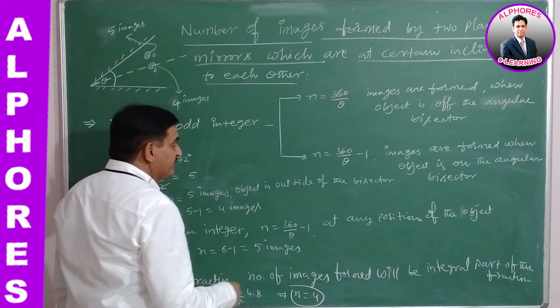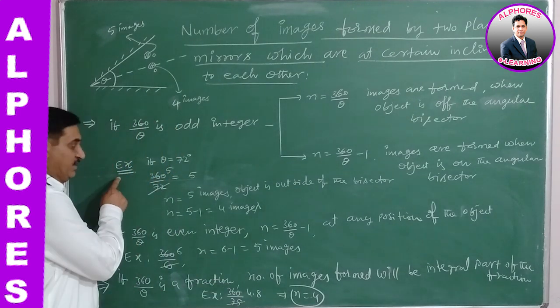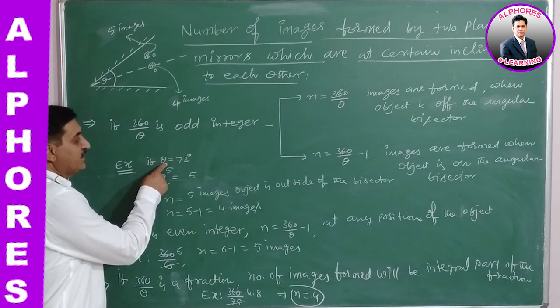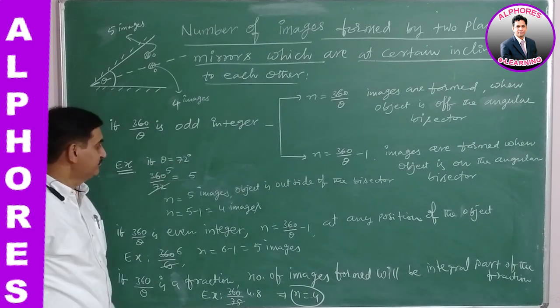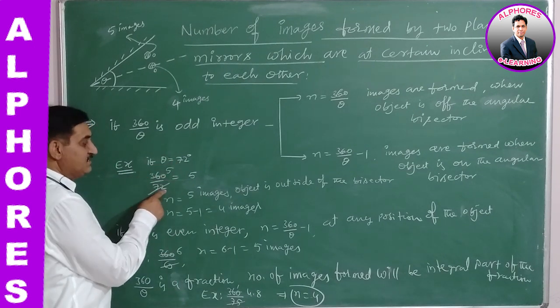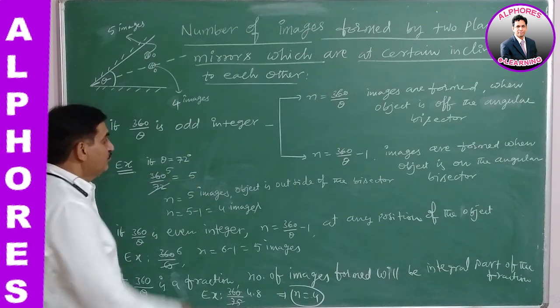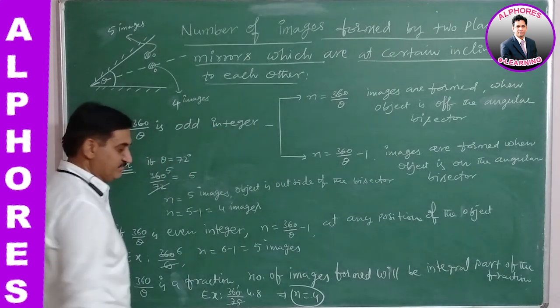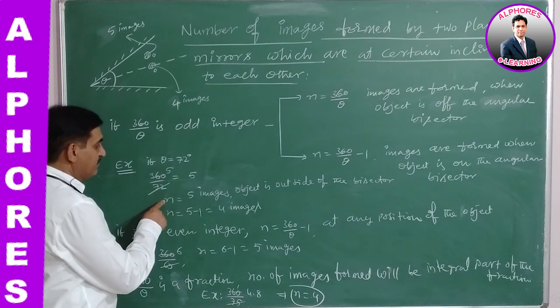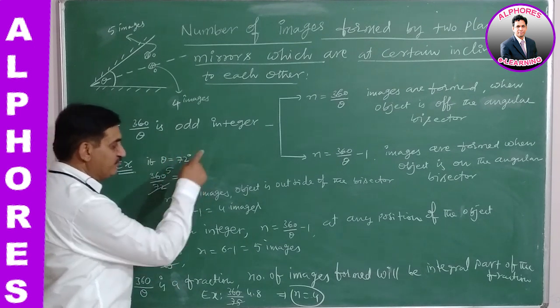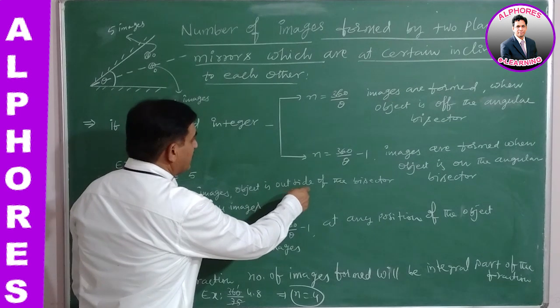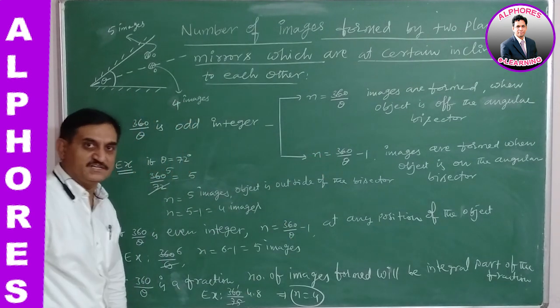So here, for a suitable example, if theta equals 72 degrees, then 360 by 72 gives 5. 5 is an odd integer. The number of images formed will be 5 when the object is off the bisector.